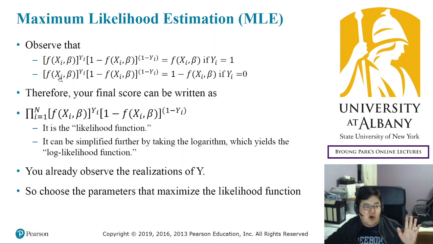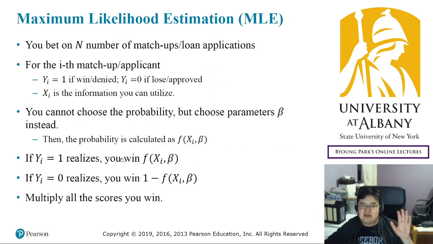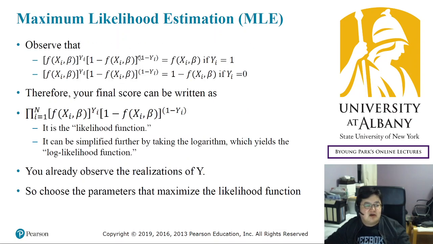Exactly. So one single formula can handle two cases at the same time, and you multiply all of them. This is the product, multiplication for i from 1 to n. Multiply all the things, and this is the likelihood function. You win this much probability from the betting.